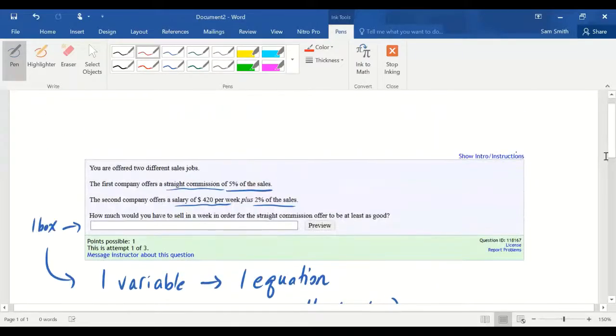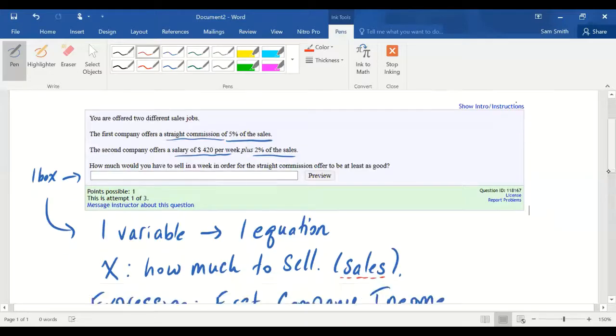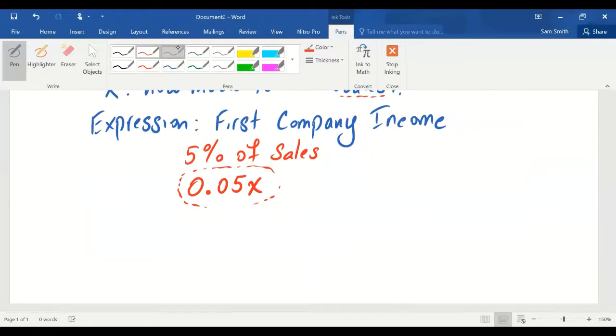Now let's look at the offer from the second company. They offer a salary of $420 plus 2% of the sales, plus 2%. So for the second company's income, I'm going to write down an expression to represent that.